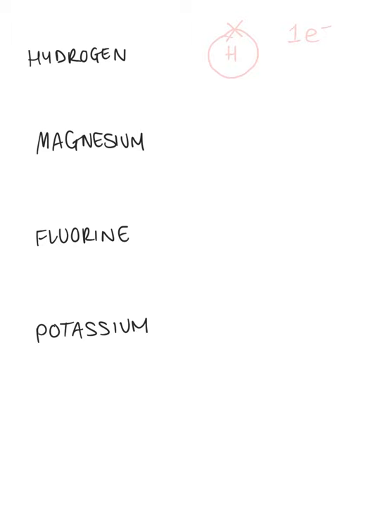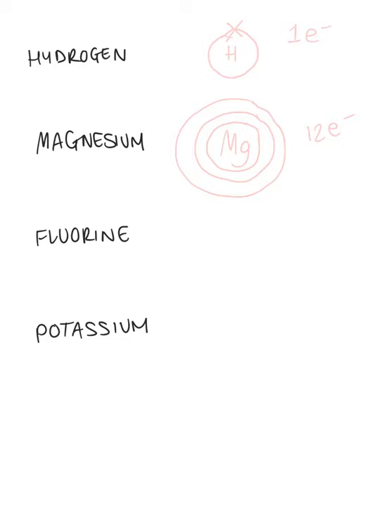Let's do magnesium. Magnesium has the symbol Mg, and it is in the 3rd row or 3rd period of the periodic table. So there are going to be 3 shells. Now, the bottom number of magnesium is 12. 12 protons, 12 electrons.